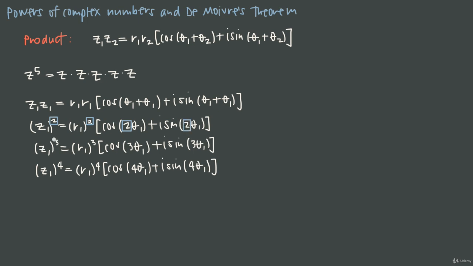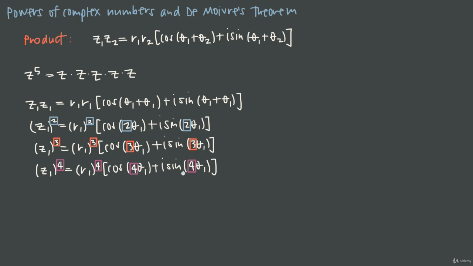If I want to raise z to the power of 3, I'm going to get an exponent of 3 here on the r, and I'm going to get coefficients of 3 on the angle. And if I want to raise this to the fourth power, I'm going to end up with r to the fourth, and I'm going to end up with a coefficient of 4. And we could keep doing this and we'd follow the same pattern.